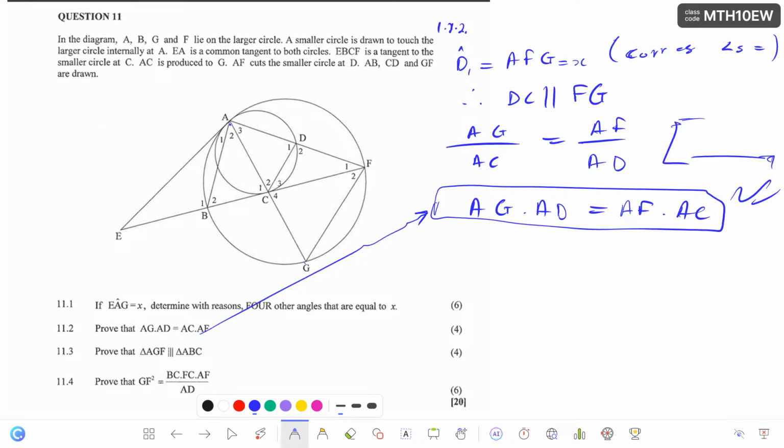Triangle AGF, okay, this big triangle is what? Is similar to triangle ABC, okay. So we are working with this triangle here. All right, and this big triangle.